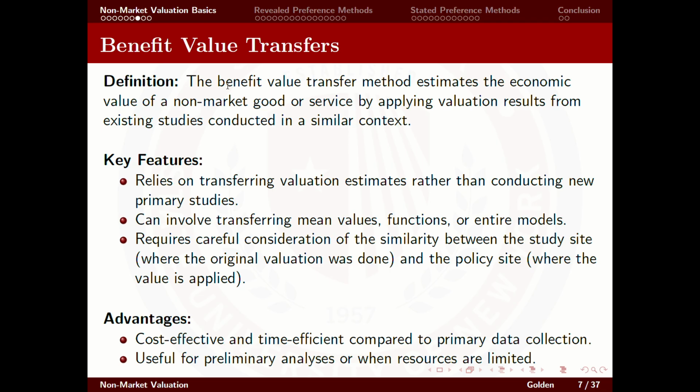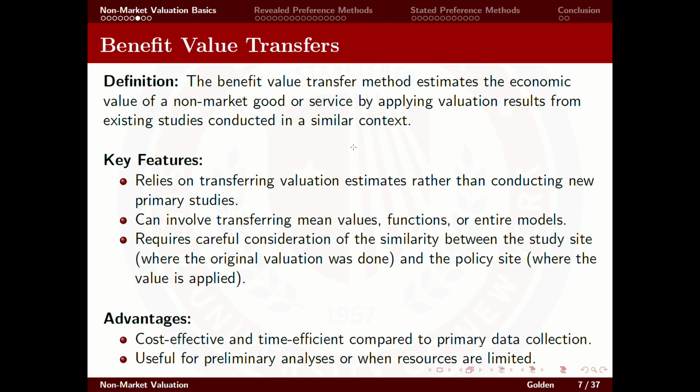Benefit value transfer method estimates the economic value of a non-market good or service by finding valuation results from existing studies in a similar context. So it relies on transferring valuation estimates rather than conducting new primary studies. It can involve transferring mean values, functions, entire models.